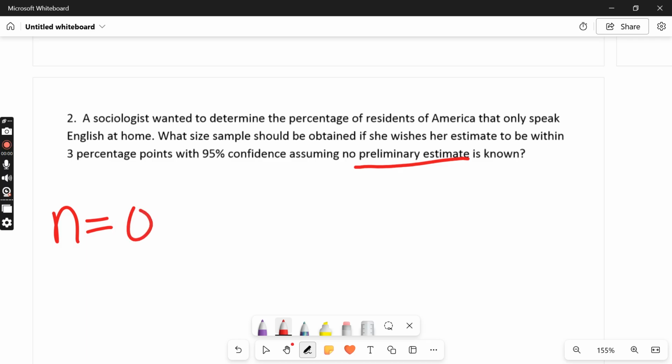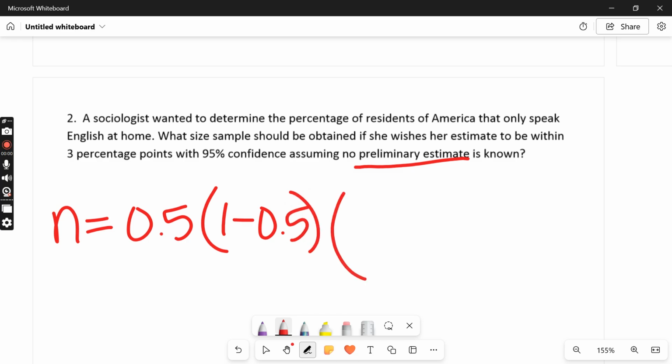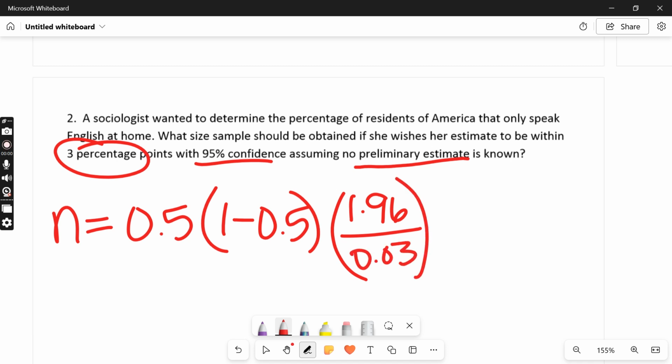So we're going to say 0.5 times 1 minus 0.5. We're going to use a half or 0.5 for our point estimate. 95% confident is what we just used, so that was 1.96. 3% for error, so 0.03, and then squared.